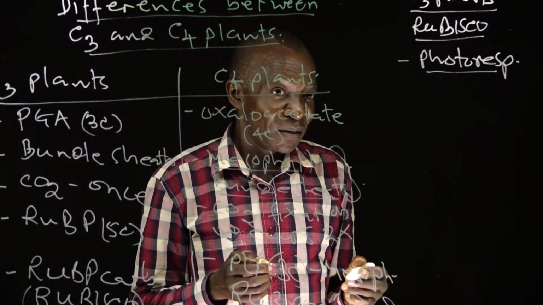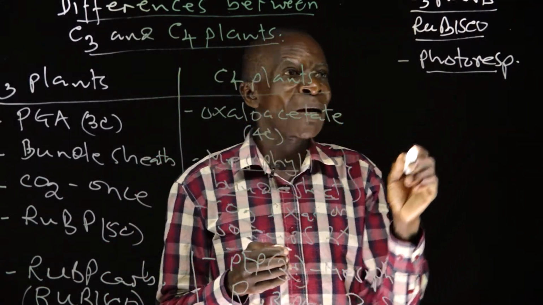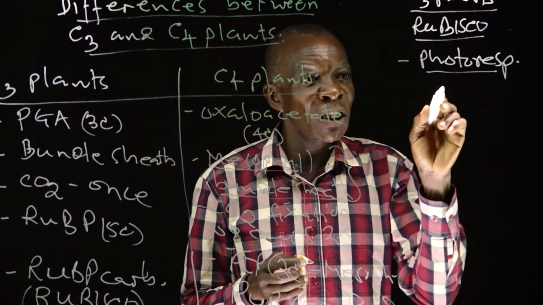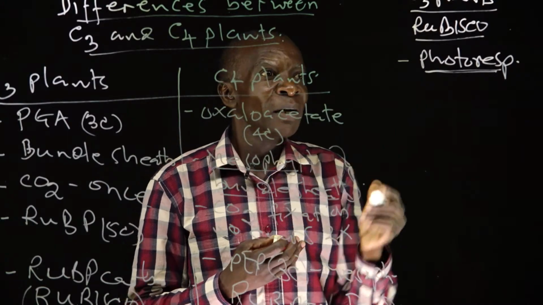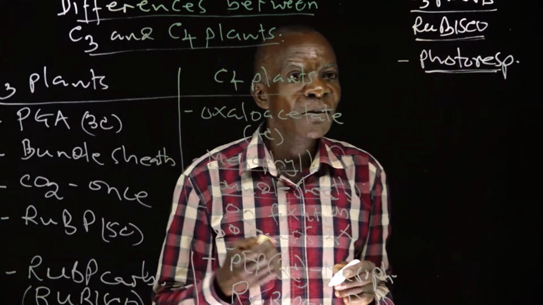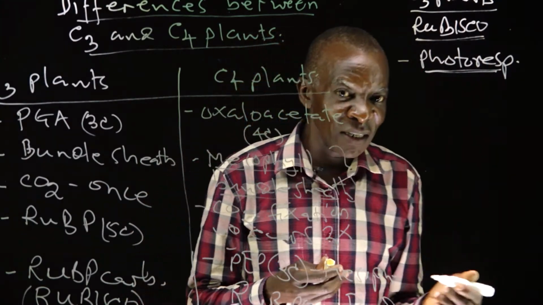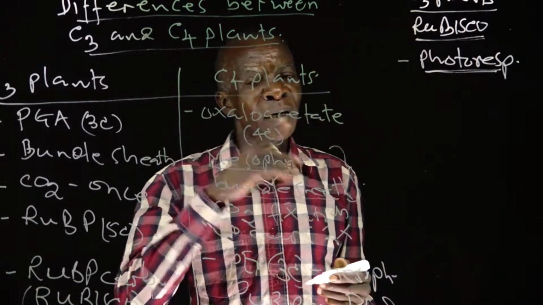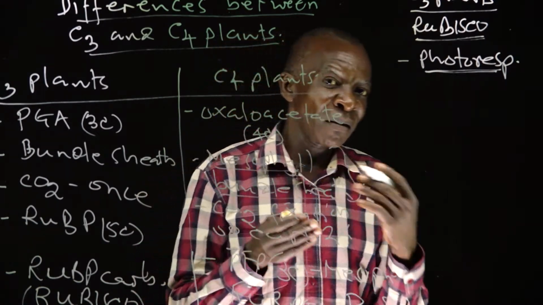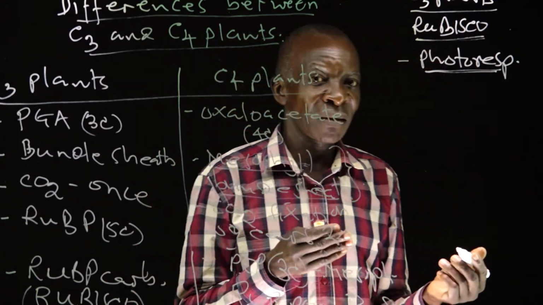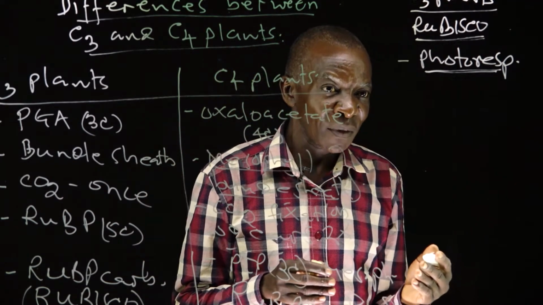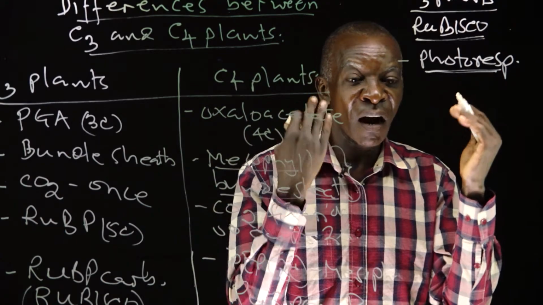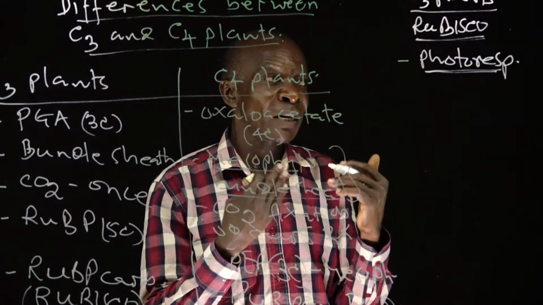Well, as I have said, in the C3 plants, photorespiration occurs. I mean a process by which ribulose biphosphate, instead of catalyzing the fixation of carbon dioxide, catalyzes the combination of ribulose biphosphate with the oxygen, because its affinity for carbon dioxide is low.